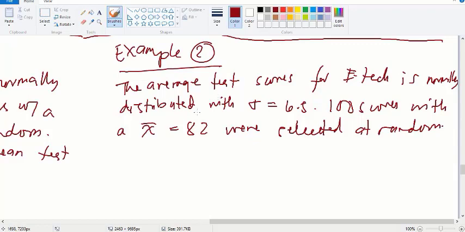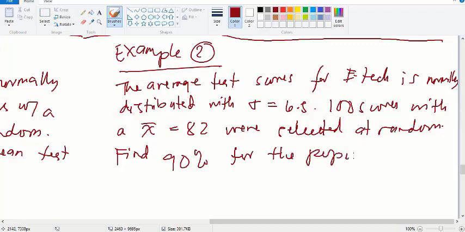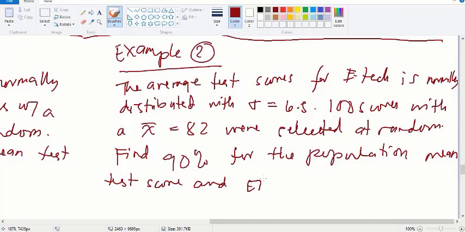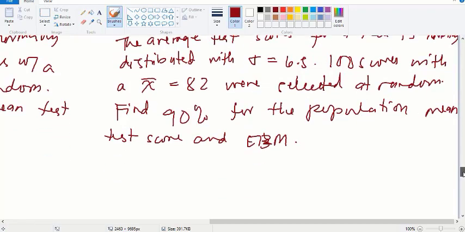Okay, so the same thing we will look for. Find, however, 90% is our confidence level for this one, for the population mean test scores, and the EBM or the error bound for the mean.